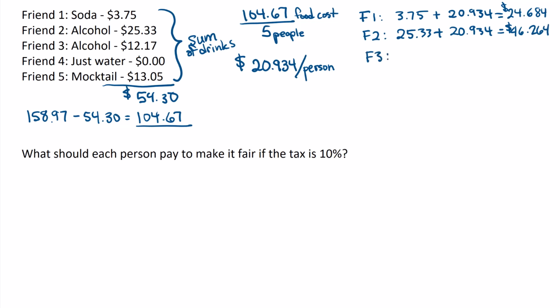Friend 3 spent $12.17 on drinks, and food is $20.934. This sums to $33.104. Friend 4 just spent money on food, so $20.934.